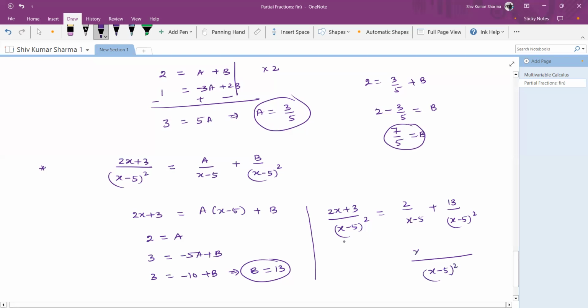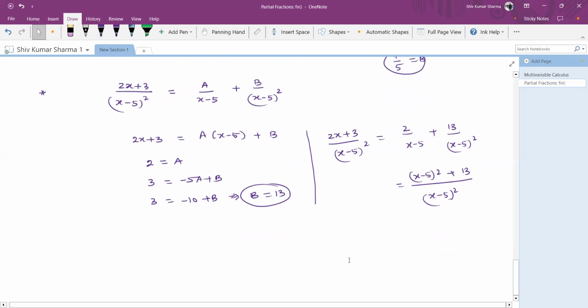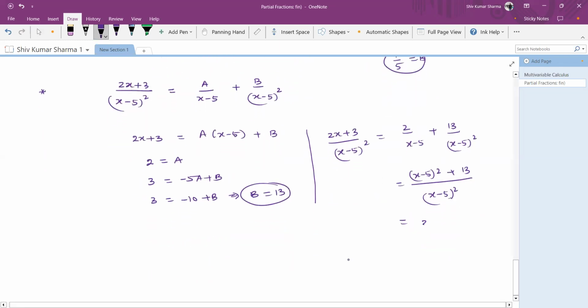The first term becomes x minus 5 into 2, plus 13. This gives us 2x minus 10 plus 13 upon x minus 5 the whole square, so 2x plus 3 upon x minus 5 the whole square. Verified.